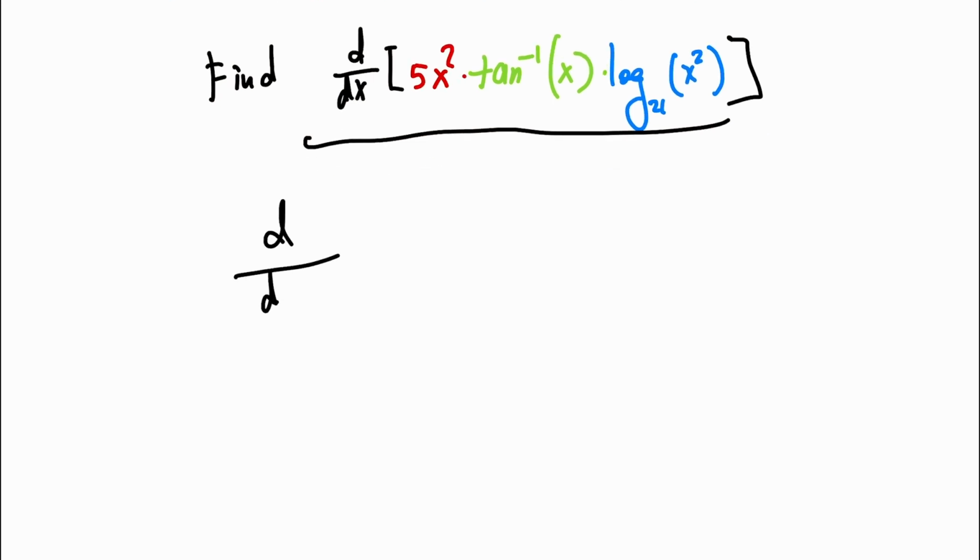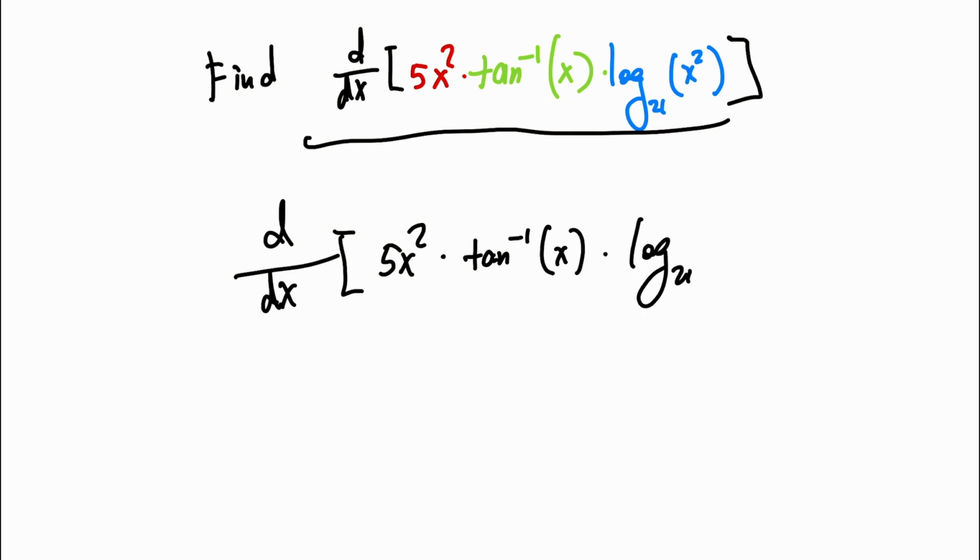It's still 5x squared times the inverse of tangent times log of 21, but the x squared, we can take the squared out. That will be log 21 of x, but the 2 will be in the front, so changing that 5 to a 10. So that is our expression.